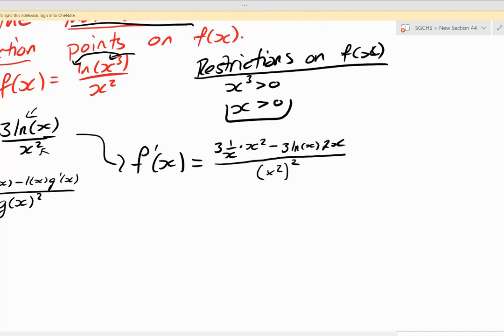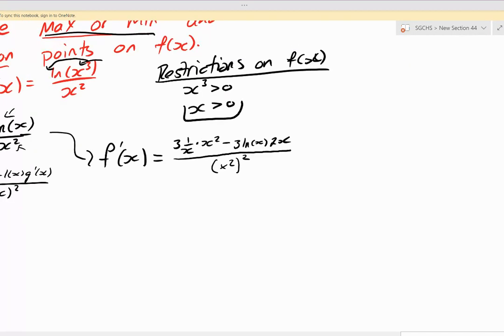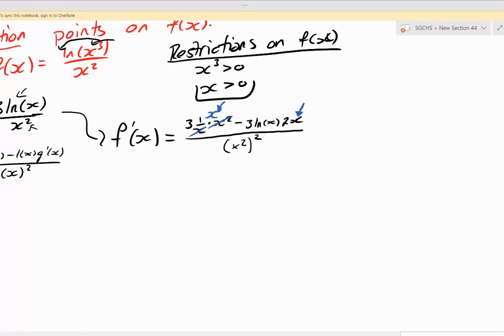The first thing we can clean up is our x values. So x squared divided by x, that just simply gives me x. And then we can even simplify this a little bit further because both terms have an x. So I'm going to factor out an x, okay?